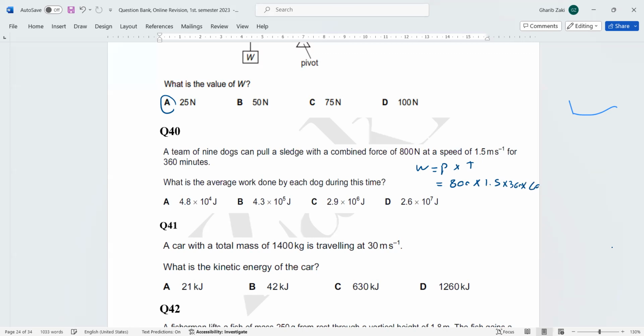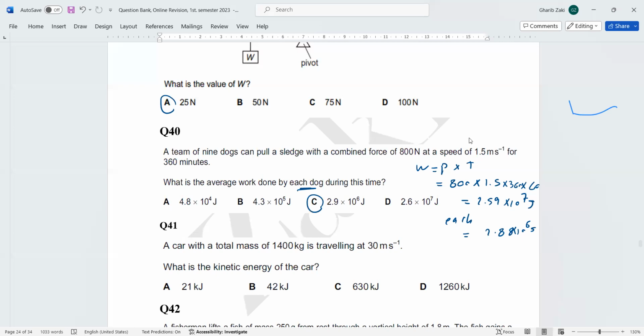Then the work done equals 2.59 multiplied by 10 to the power 7 joules. This is the total work done. But we need it for each dog, so we divide by 9. So it is 2.88 multiplied by 10 to the power 6 joules. So the answer is that one. This is for each one. We divide because this is for the total.